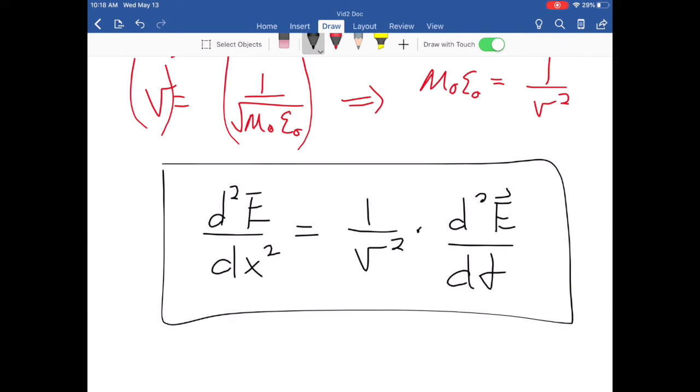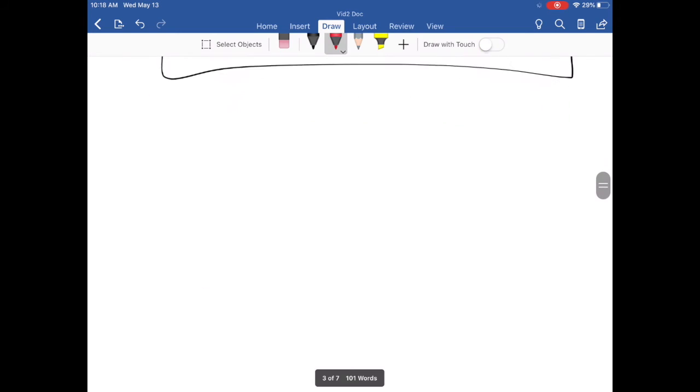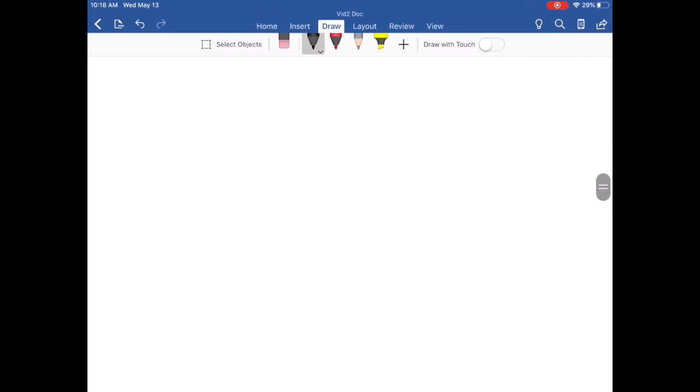You will see now, from the perspective of the magnetic field, we will get the exact same result, where instead of the double derivative of the electric field, it will be the magnetic field with respect to position, in that case x, and on this side it will also be the magnetic field with respect to time. So going ahead and starting that derivation, we are now doing this for the magnetic field, so we'll indicate that.